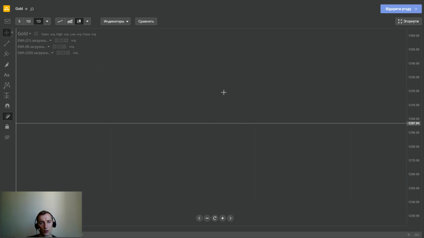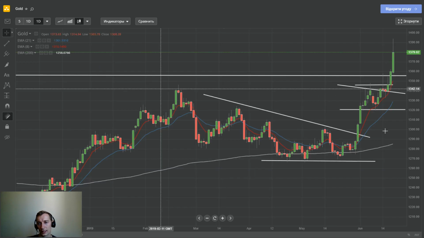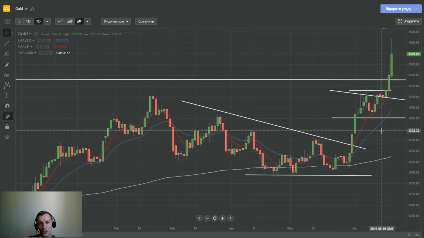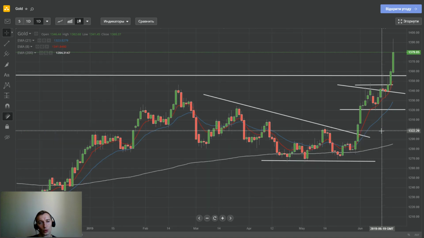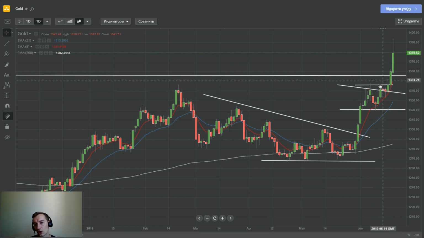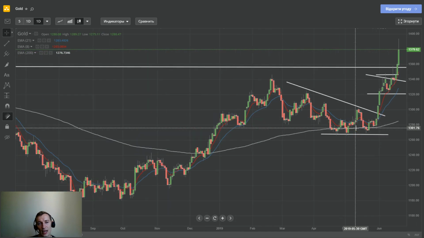Here's our chart. Okay guys, so gold is crazy here, and it's doing what we expected it to do. Just check our previous video. It was on Tuesday, 2 or 3 days ago, when I discussed this nice bull flag in front of a major resistance level.